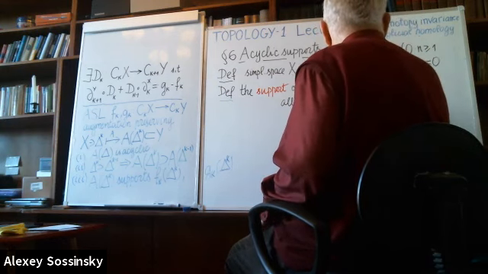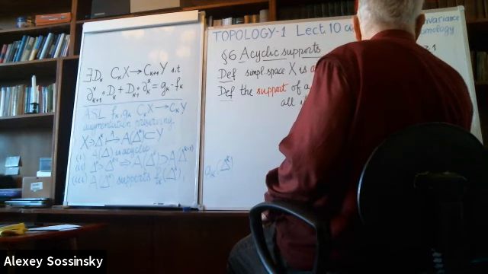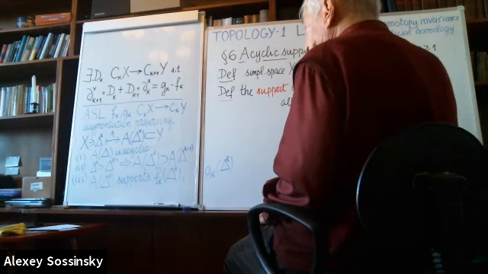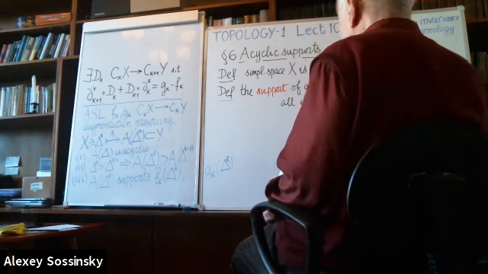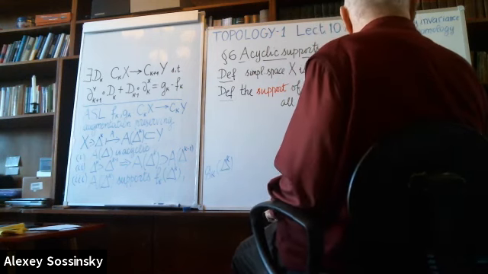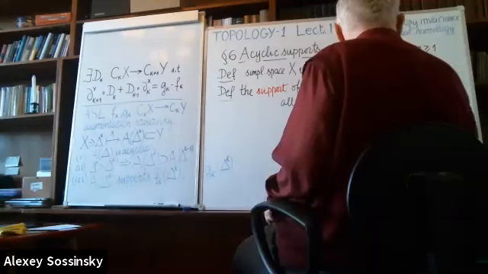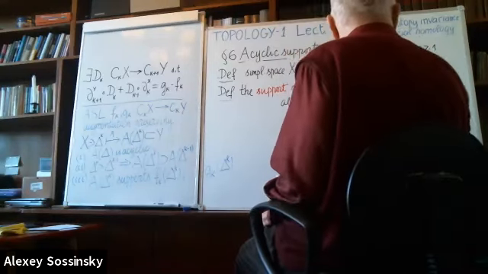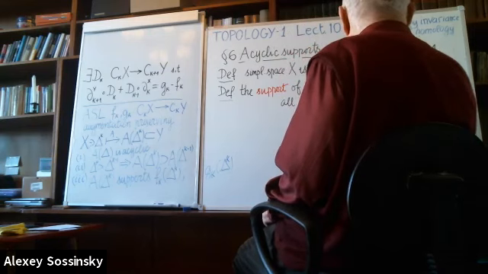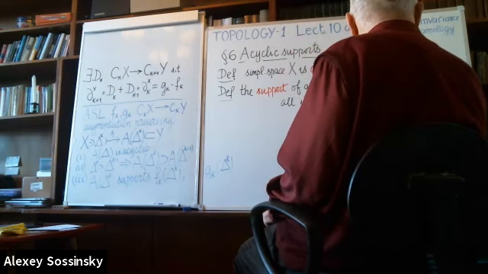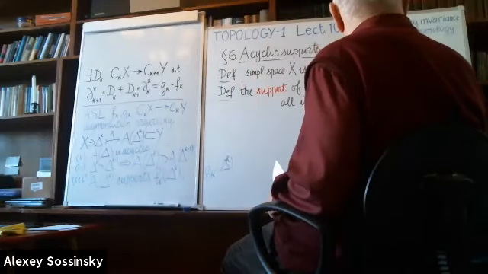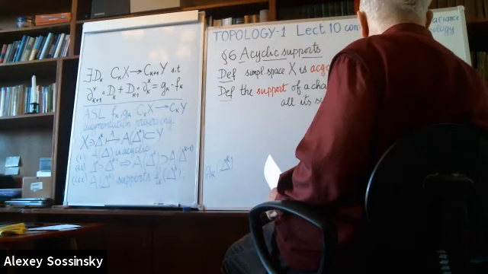So to this chain corresponds a chain here, which is supported by A of delta k. So this green thing is inside the red thing.